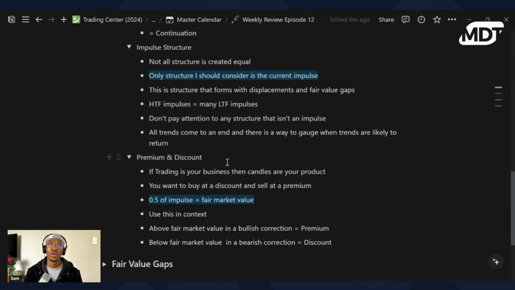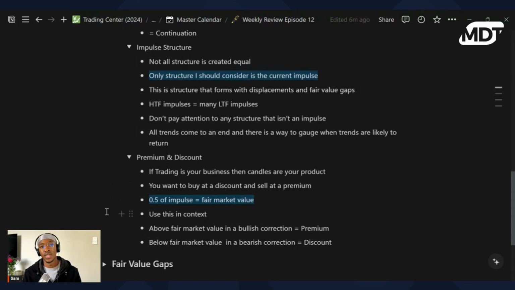For example, if your sentiment is short and you're looking to sell, you want to sell at a premium, and inversely, if your bias is long and you want to buy, you want to buy at a discount. And how we identify those levels is essentially plotting the 50% level, or the flip tool, which only has a 50% level, on an impulse leg.